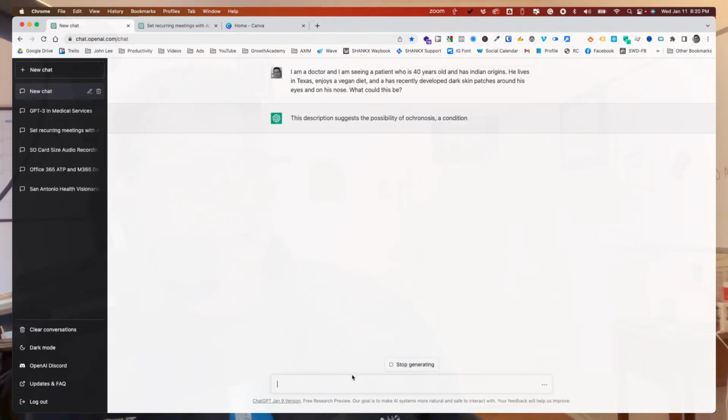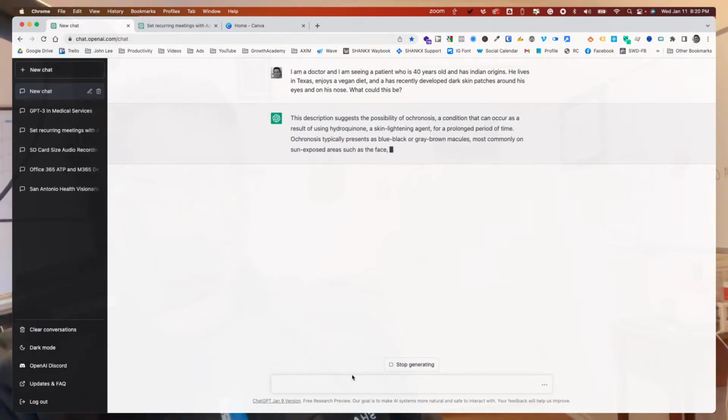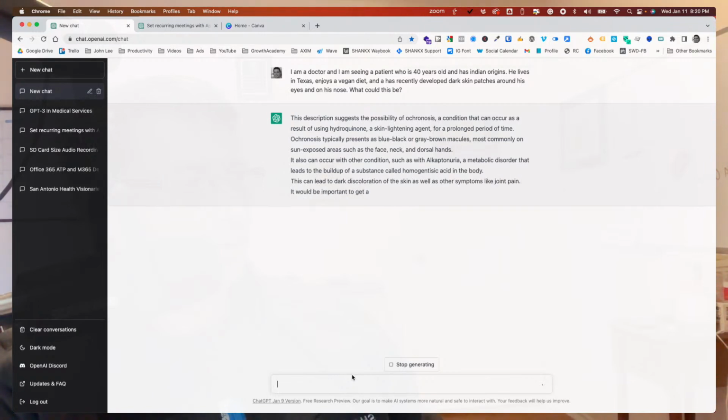I'm hitting enter and the response is, this description suggests the possibility of ochronosis, a condition that can occur as a result of hydroquinone, a skin lightening agent, used for a prolonged period of time. Ochronosis typically presents as blue, black, or gray-brown macules, most commonly on sun-exposed areas such as the face, neck, and dorsal hands.